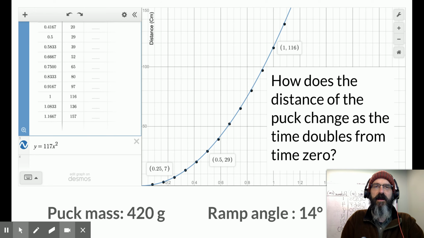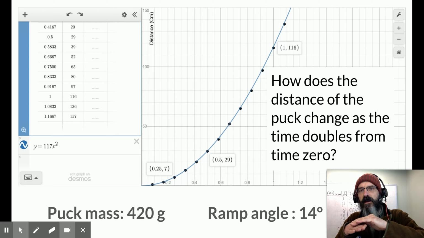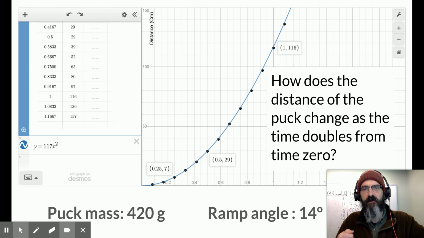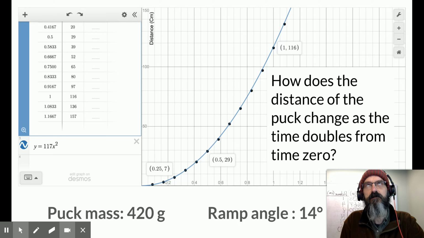Now, if we were to go back to our straight line bowling ball rolling across a track, as I double the time that it travels for, the distance doubles along with it. If I go for 1 second, it's going to go 56.5 centimeters. If I go for 2 seconds, it'll go 2 times 56.5 centimeters, 113 centimeters in 2 seconds.